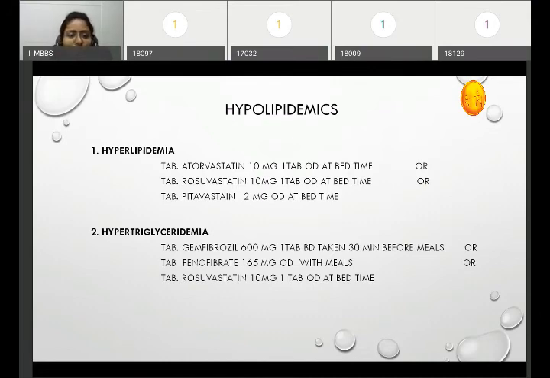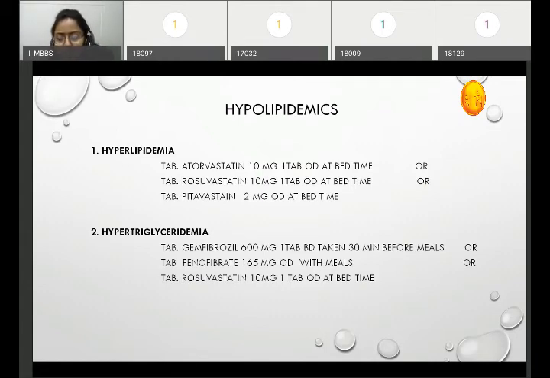So here we are giving atorvastatin in the dose of 10 milligram, one tablet, once a day, only at bedtime. Statins are said to have maximum intensity of their action in the midnight, or you can say at night time only. Hence, they are given at bedtime. So statins you have to give at bedtime only. Again, pitavastatin is given in the dose of 2 milligram OD at bedtime.